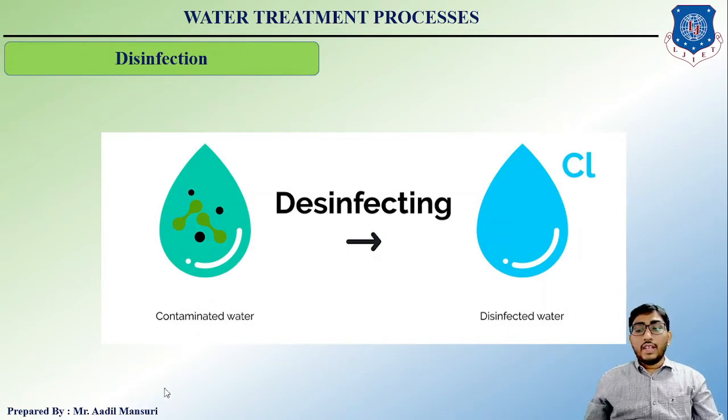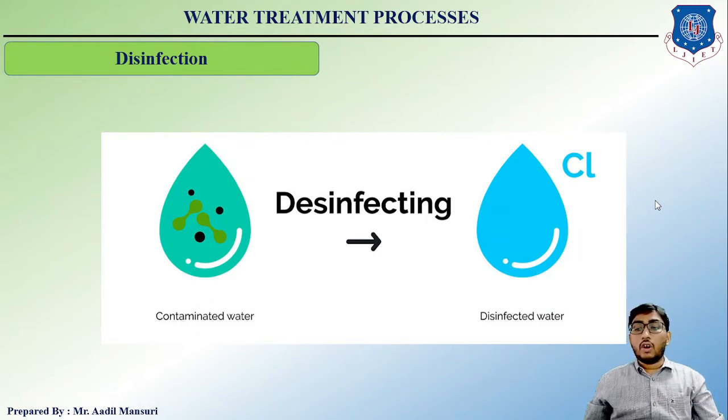Now, disinfection means killing only harmful microorganisms, which are known as pathogens, right? And disinfection is enough for making water safe for drinking. Disinfection is a very important part of water treatment, because bacterially contaminated water may lead to the spread of various diseases and their epidemics.